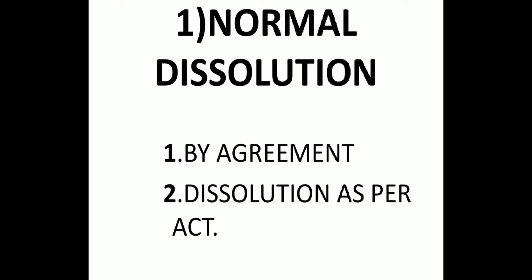Okay, so the very first point under the first method of dissolution is by agreement. I hope you know the meaning of dissolution. Yes, the end of existence. So this is the first method for the same, and the first point is by agreement.